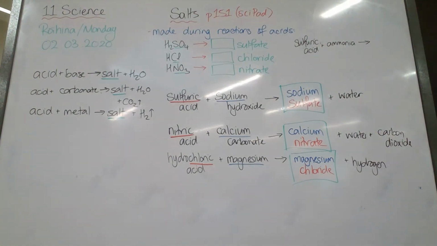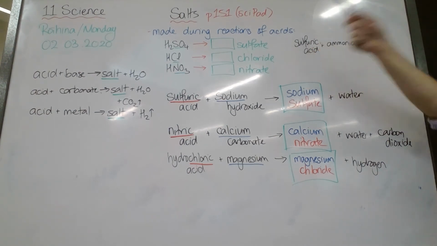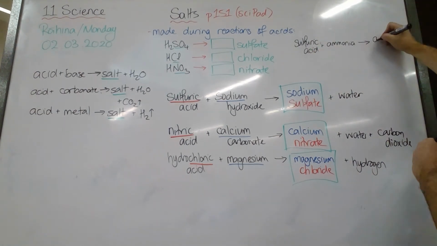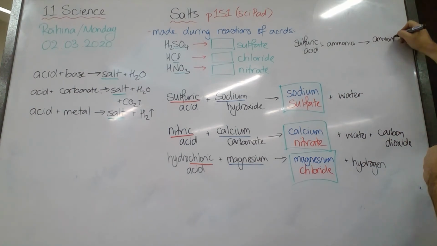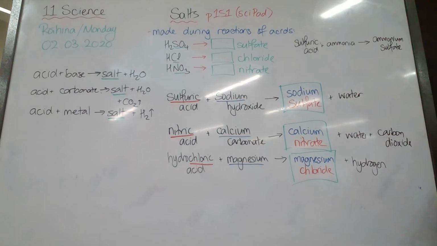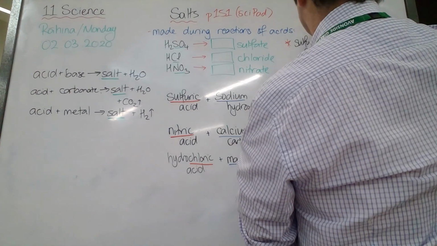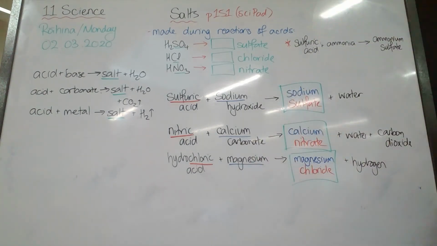They join together to make ammonium, and then sulfuric acid makes sulfates, so ammonium sulfate. That's our special case. It's a bit of a hard one, where we don't have water made.